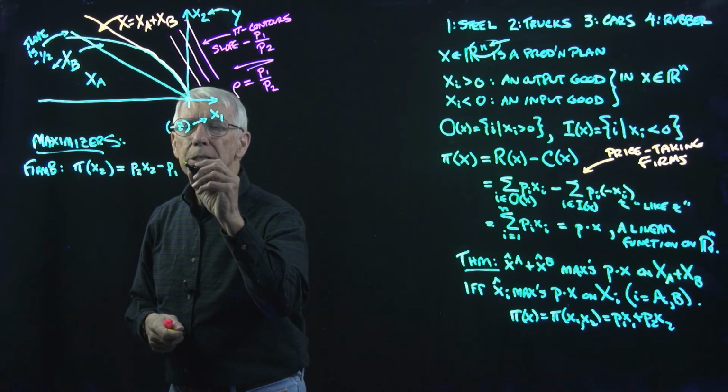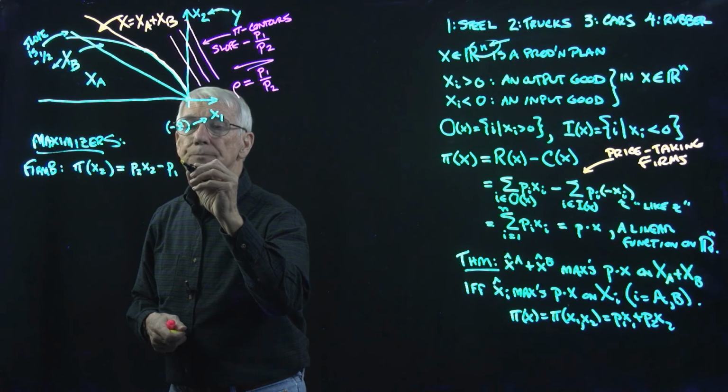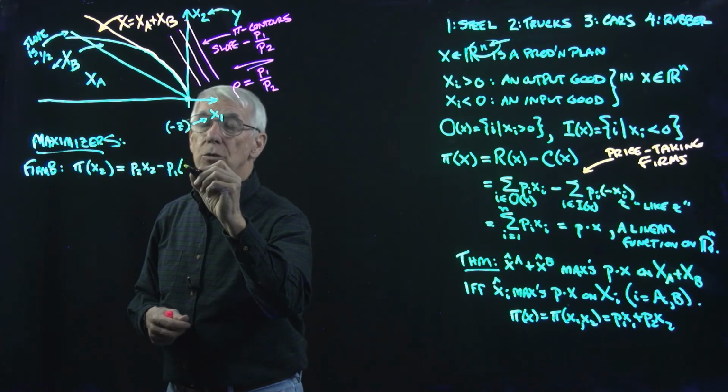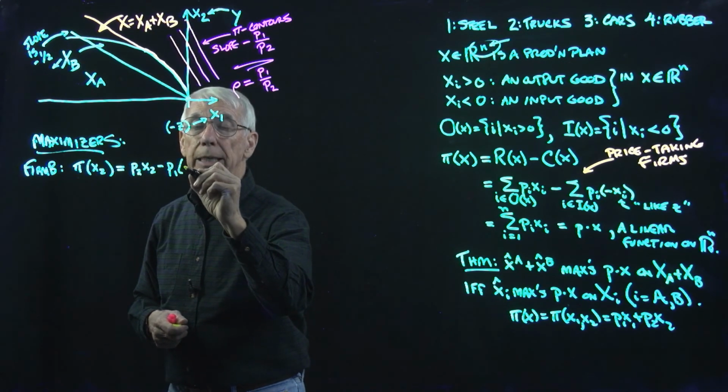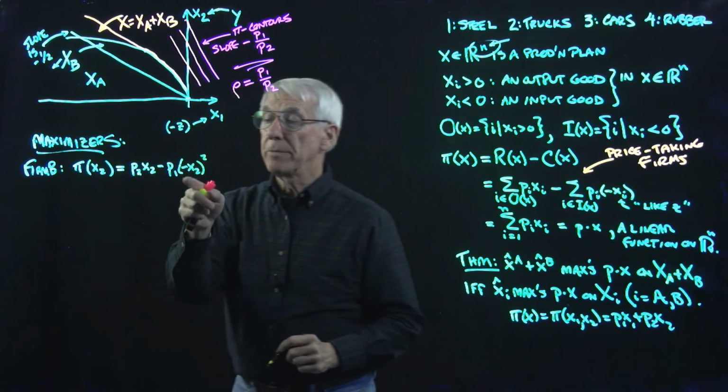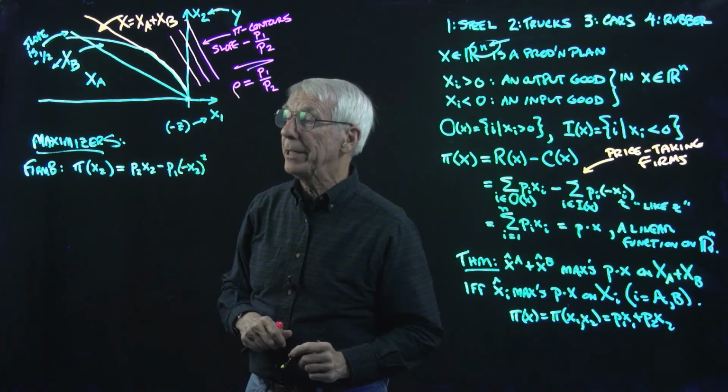So that means that the amount of input here is going to be minus x2 squared, but of course I'm not squaring the minus. The minus is going to disappear here.